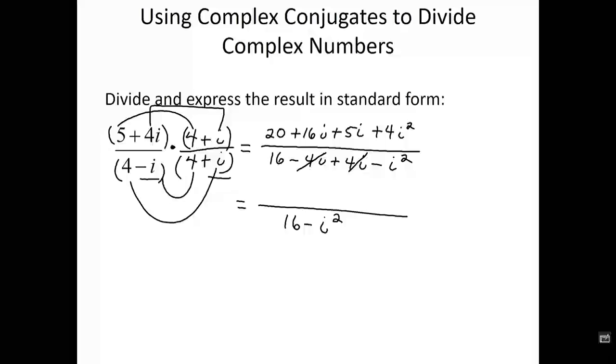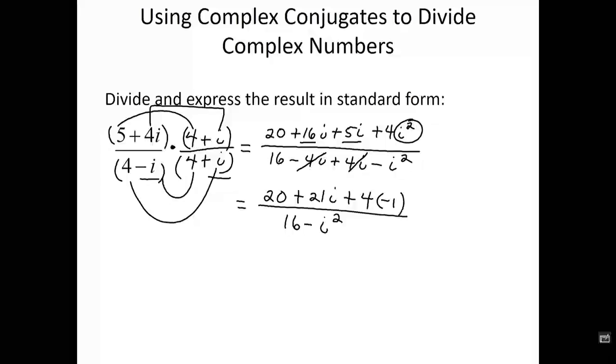Simplifying the numerator by combining like terms, we have 20. 16i plus 5i is a positive 21i plus 4 times, here again, i squared we know is a negative 1.